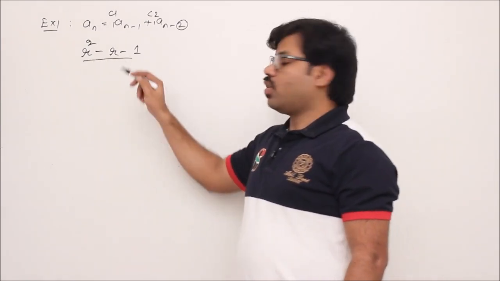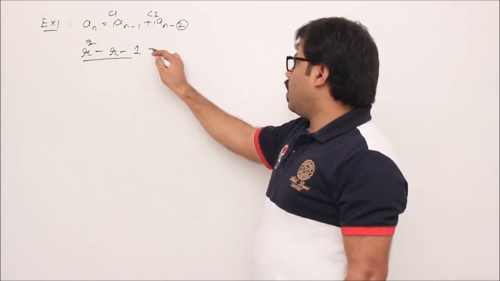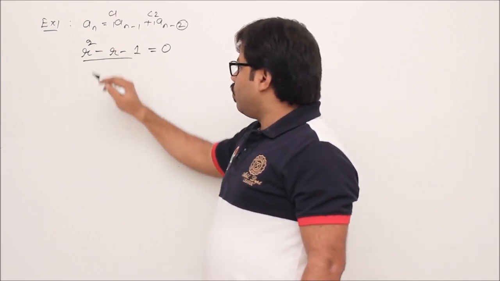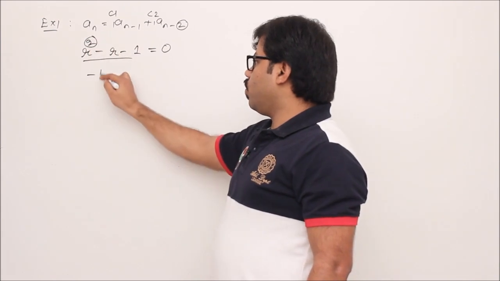I would like to find out the roots of this one. How to find out roots for any algebraic expression? We know that we equate it to 0, right? Then the direct formula for any polynomial of degree 2, we know the formula.